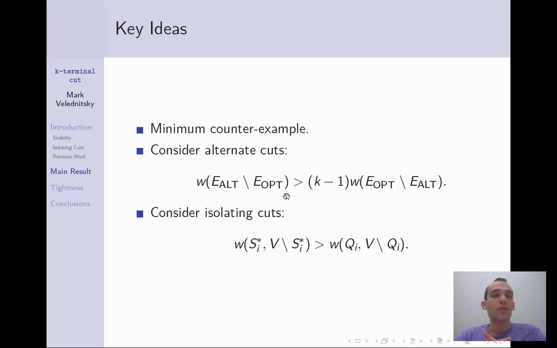Then we're going to explore comparing certain alternative cuts to the optimal cut using the condition we derived earlier, and that's going to give us a set of inequalities. Then we're going to derive another set of inequalities based on the isolating cut conditions. And what we'll discover is that these two things are at odds with each other. We'll arrive at a contradiction because it's not possible for both of these inequalities to hold.